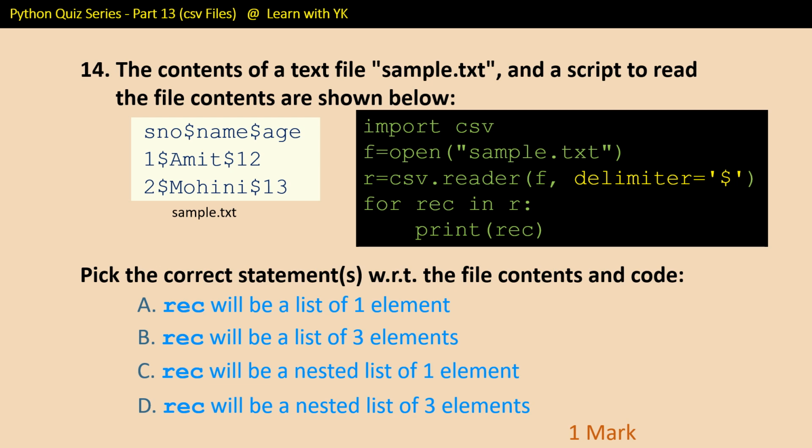And the correct statement is given in option B. Rec will be a list of three elements. This time we have used the keyword argument delimiter equal to dollar to create the reader object for the file. Therefore, while reading data from this file, dollar will be taken as the delimiter, and that is the reason why rec will be a list of three elements.